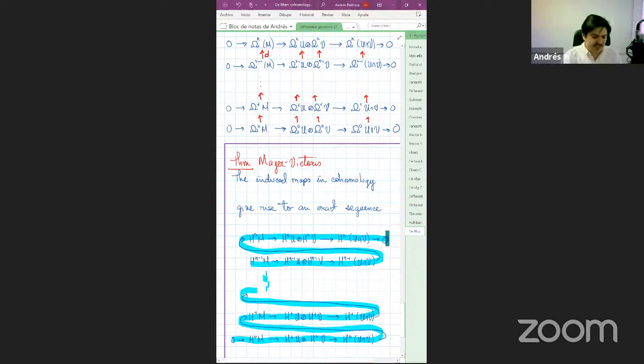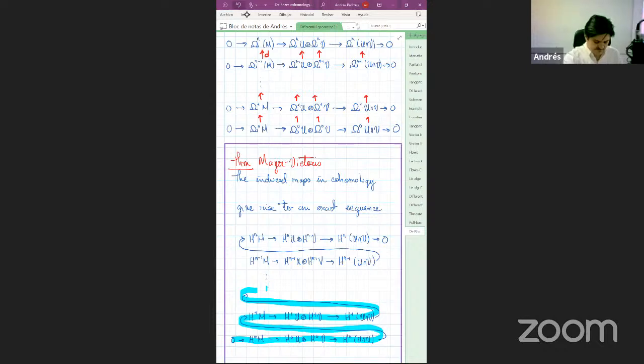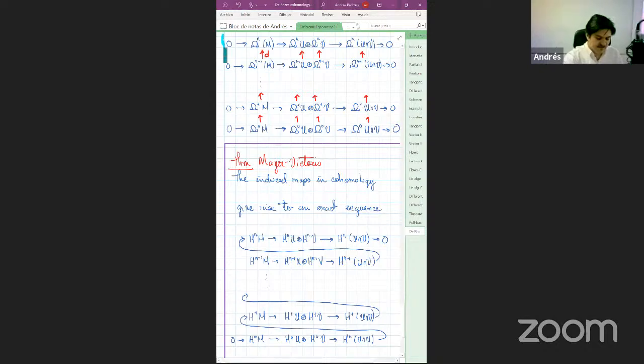And this exact sequence is induced by this diagram. Okay?